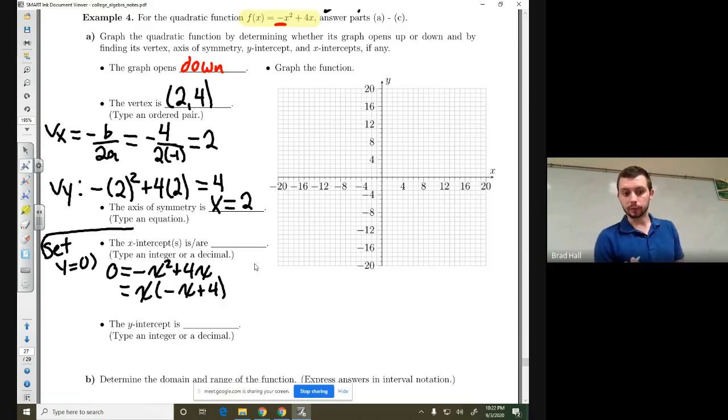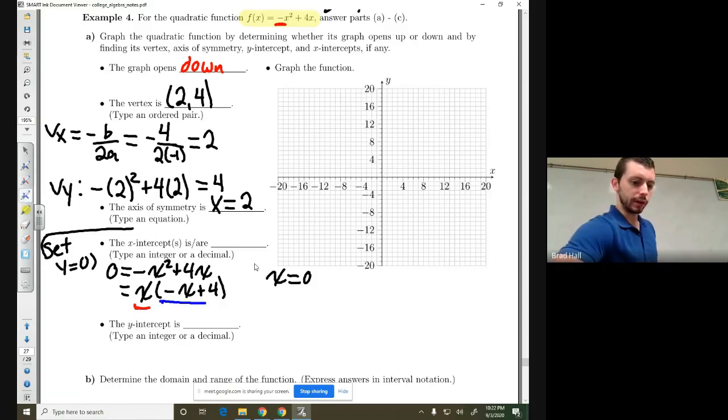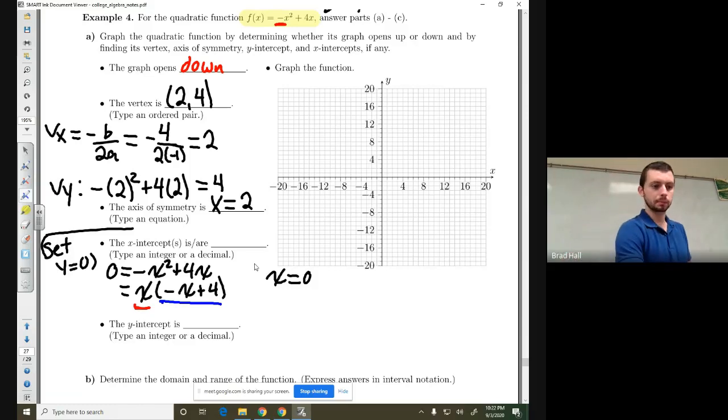The nice thing about factoring it this way, and this is what we can do when we have two x terms, is we can set both of them individually equal to 0. So there's an x part, and we can set that equal to 0. And there's a negative x plus 4 part, which we can individually set equal to 0.